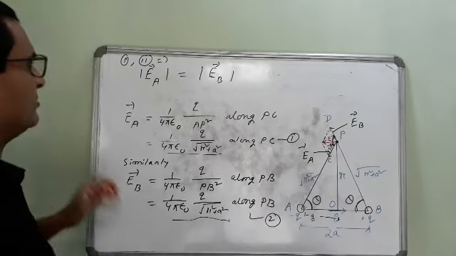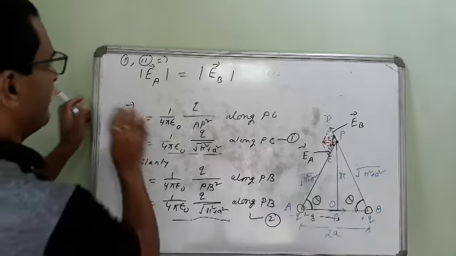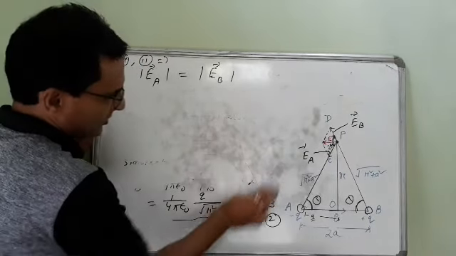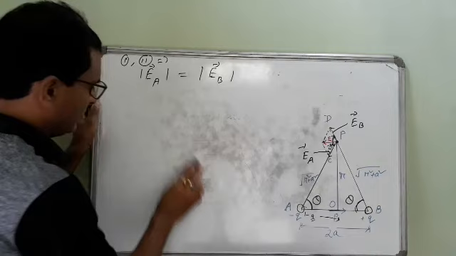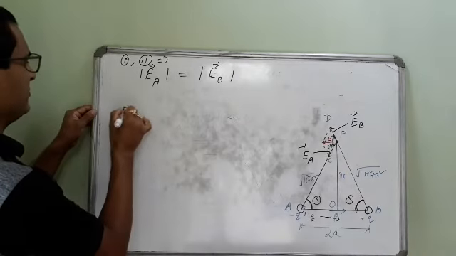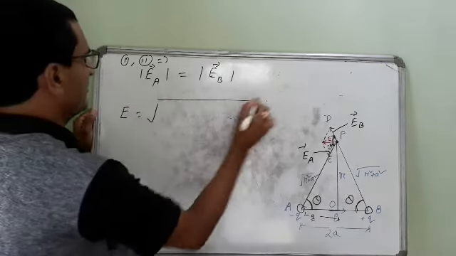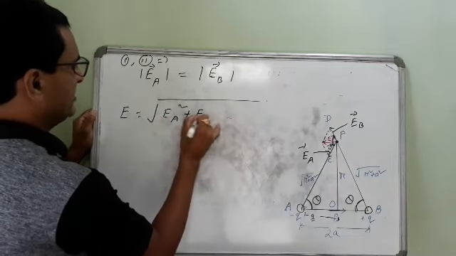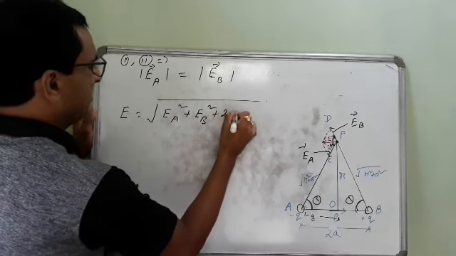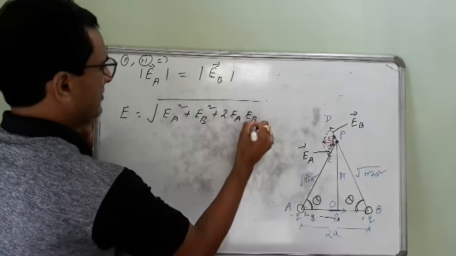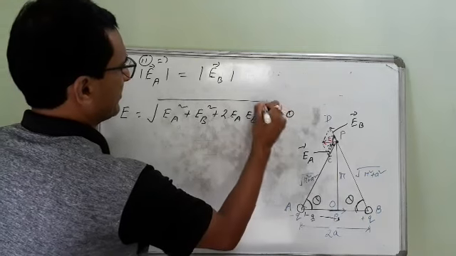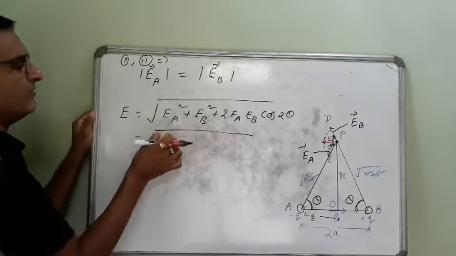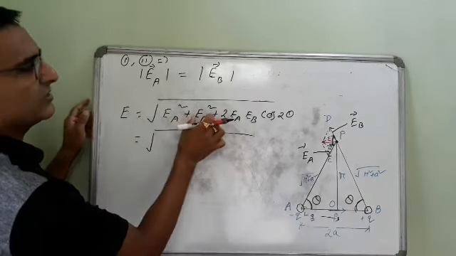Now, what is the magnitude of the resultant vector? If E is the magnitude of the resultant vector, then E will be equal to how much? From the theorem we can say that E is equal to root over EA square plus EB square plus twice EA EB cos of twice theta. Now we have shown the magnitude of EA is equal to the magnitude of EB.